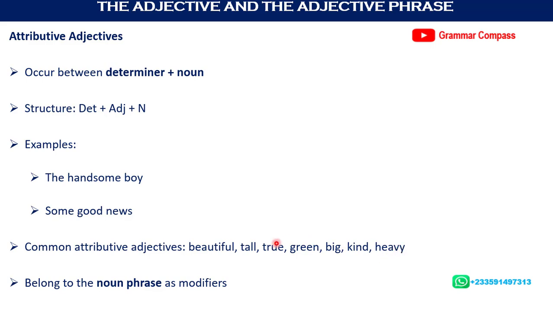Wherever you find attributive adjectives, they occur within a noun phrase and they function as modifiers of the noun head. So that is attributive adjectives. Adjectives that occur before the head, normally between a determiner and a noun.